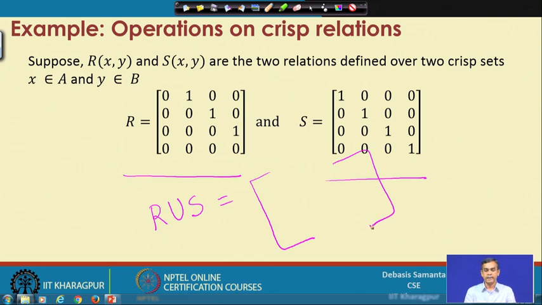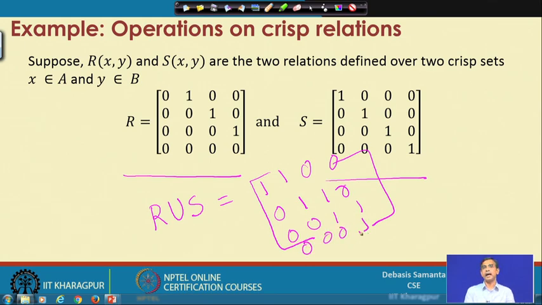Now, the union operation, as I told you, is the max. So, 0 and 1, you have to take the 1; 1 and 0, it is 1; then 0 and 0, for the first row. Similarly, 0 1 1 0, 0 0 1 1, and 0 0 0 1.